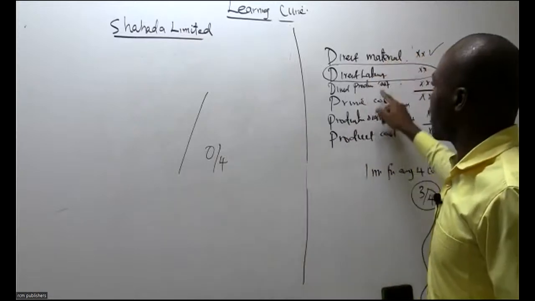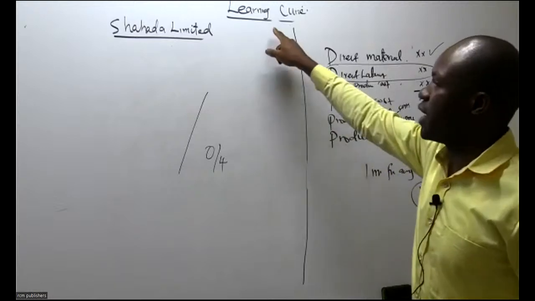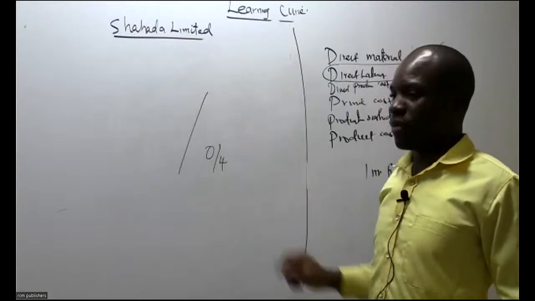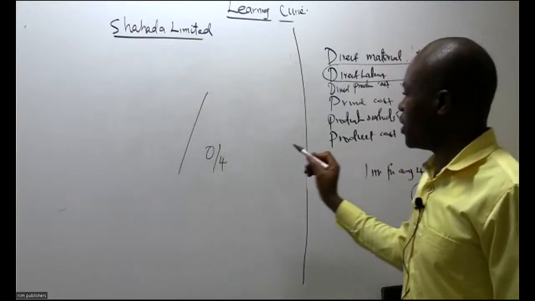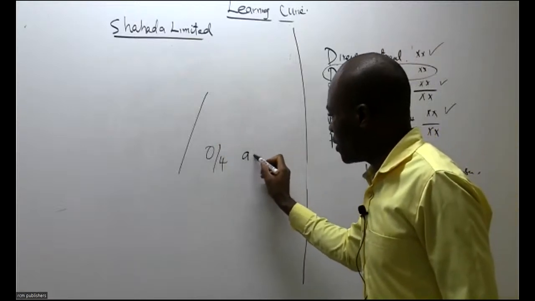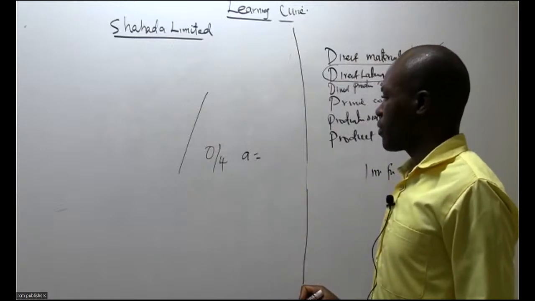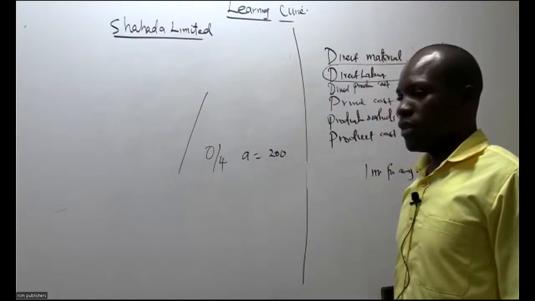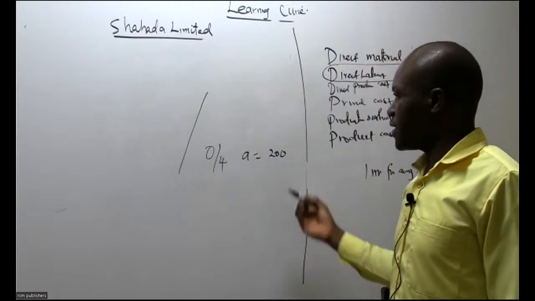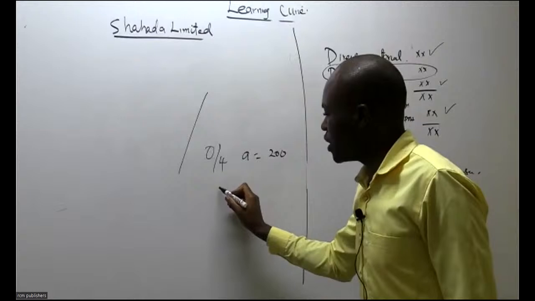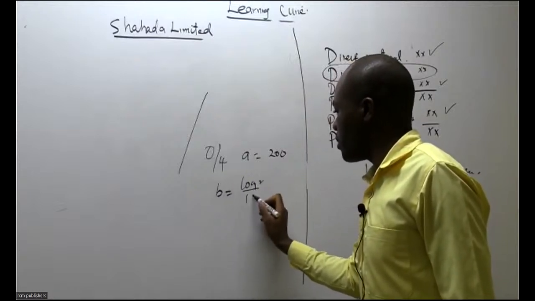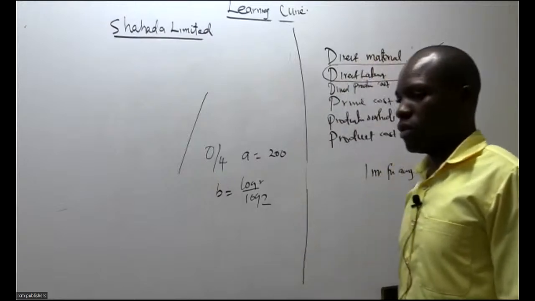If you don't understand anything about this and you know it is about learning curve, can you write the formula, give us even the value of A? Tell us that according to this, I know A is equal to maybe 200. Then give us that because I know how to get B equal to log R divided by log 2.